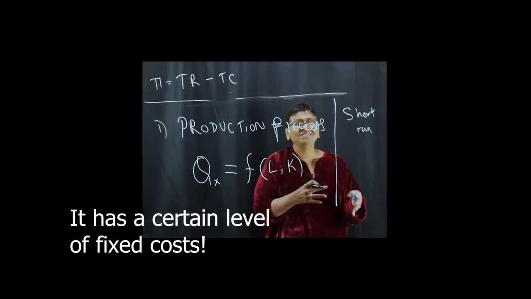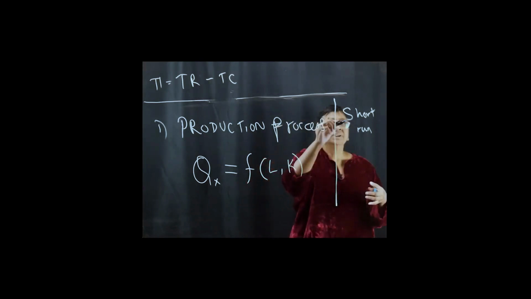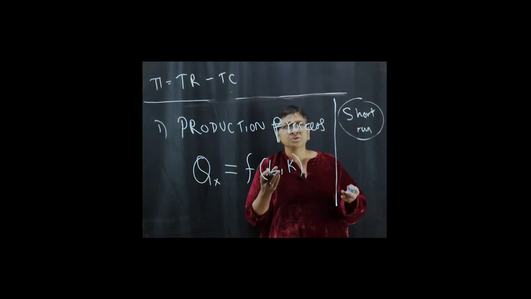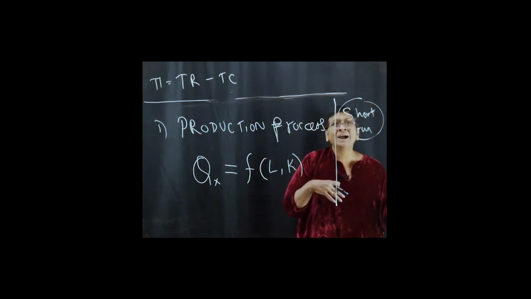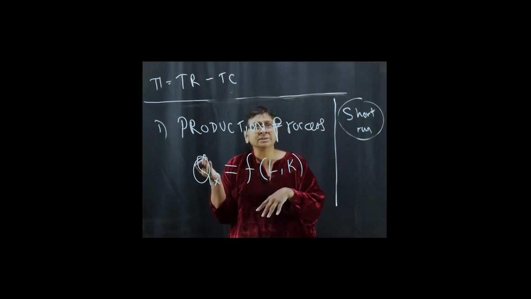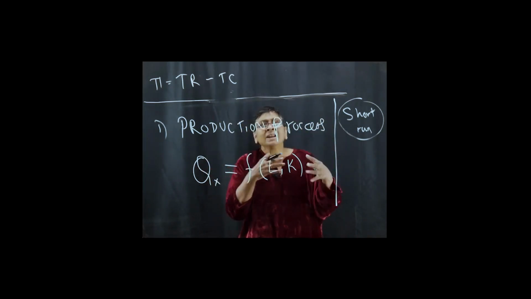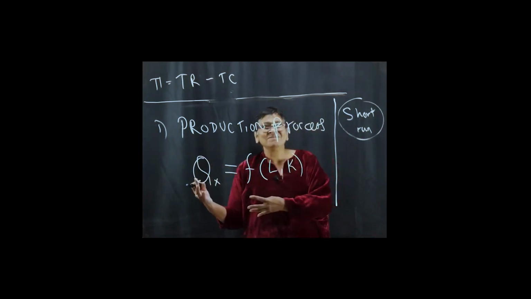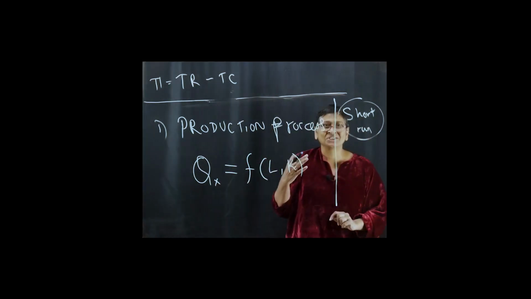It's got a certain level of fixed costs. So it's going to make a decision of how much to produce in the short run, because while I'm planning in the long run to move from apples to oranges, in the interim, while I've got these apple trees, I will still try and make some money out of it while the switch is going on. So that's the short run.